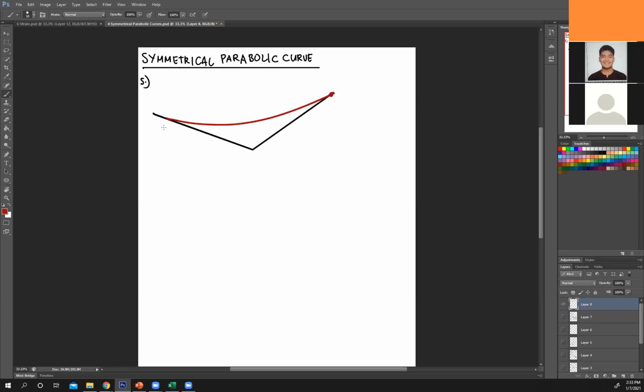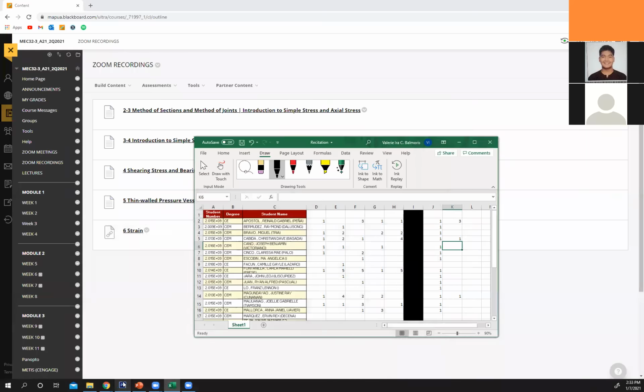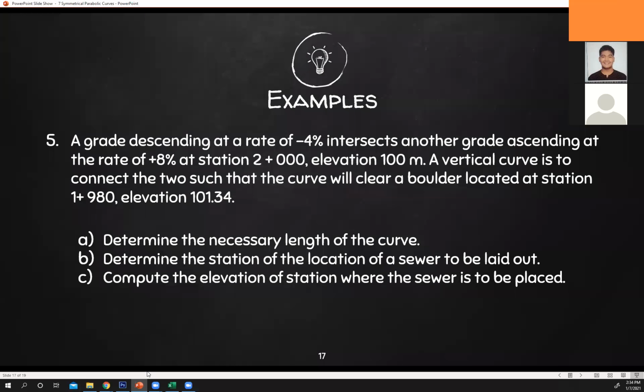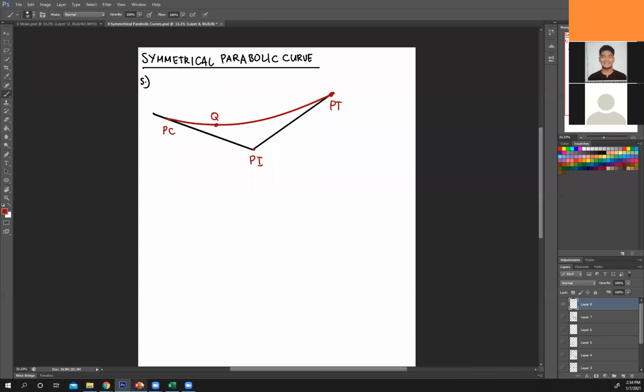This is your PC. This is your PT. This is your PI. And then, this lowest point on your curve is here. Okay. Let's call that Q again. So what happened? Okay, -4, +8.